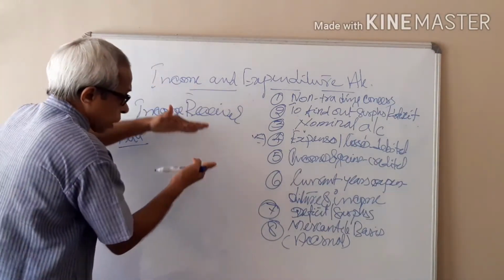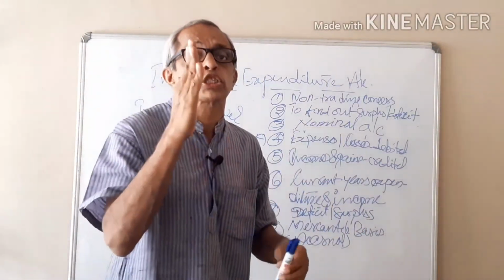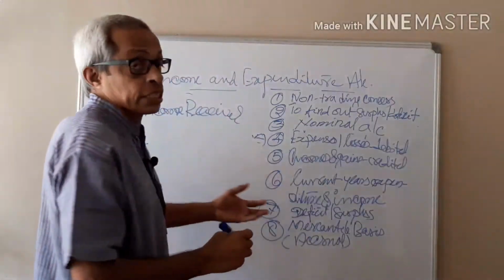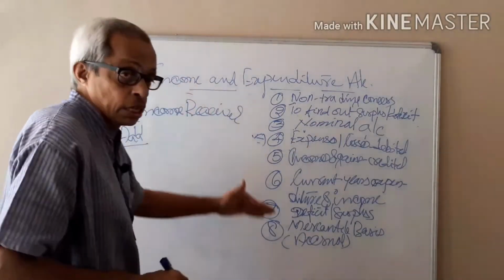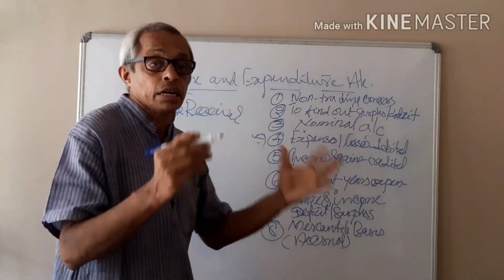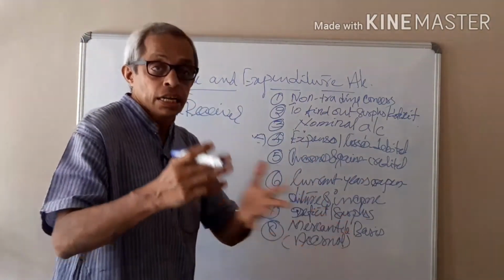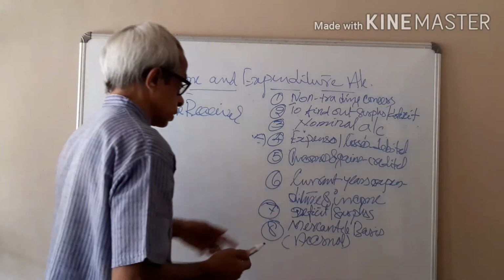So only the current year's actual income will be shown on the credit side of the income and expenditure account. These adjustments with regard to expenditures and incomes will be dealt in detail in the next classes.